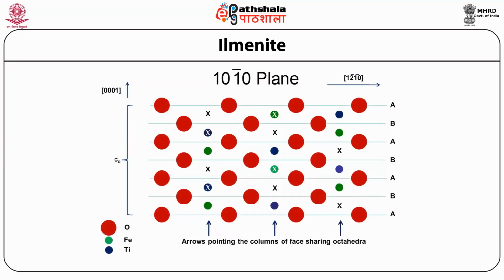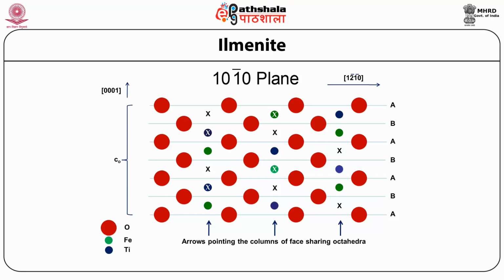Now, a side view of the structure of ilmenites on the 101̄0 plane is shown below in this slide. This shows the columns of cations along the c-axis with 2/3 filling of octahedral sites, which are alternately filled by iron and titanium ions and then followed by vacant sites.